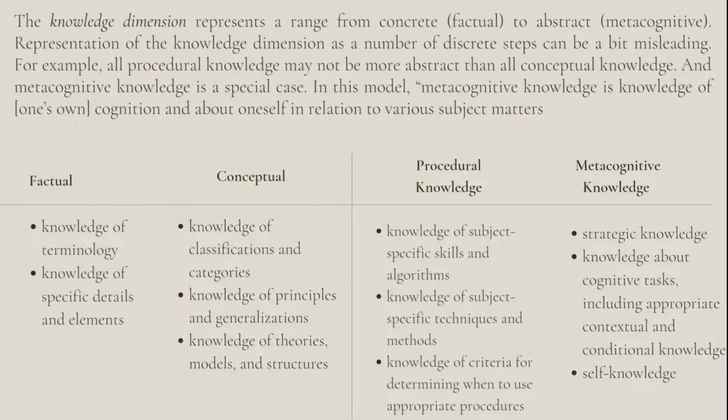For example, all procedural knowledge may not be more abstract than all conceptual knowledge, and metacognitive knowledge is a special case. In this model, metacognitive knowledge is knowledge of cognition in general and about oneself in relation to various subject matters. Factual: it is the basic element that students must know.